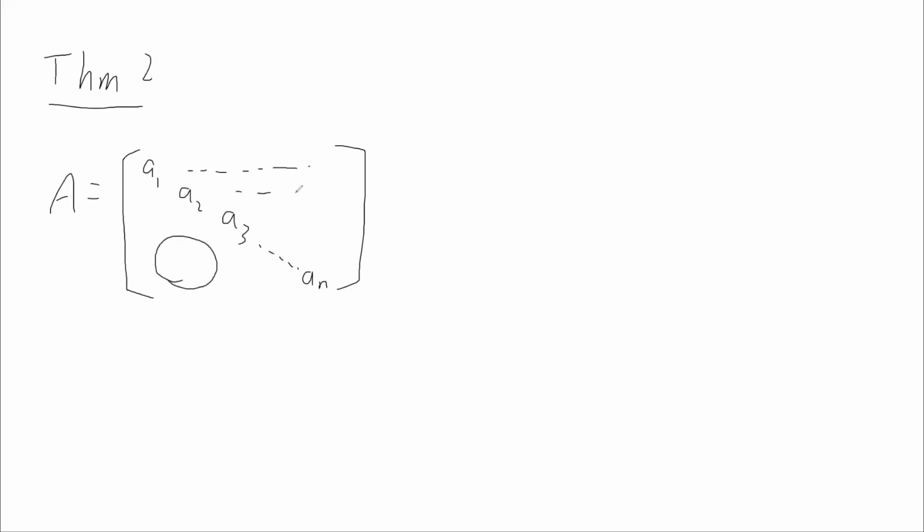So let's say matrix A is n by n, right? And on the diagonal, I have A1, A2, A3, down to AN, and then a bunch of zeros down here, and then just some other numbers up here, right? The numbers up here don't have to be 0.